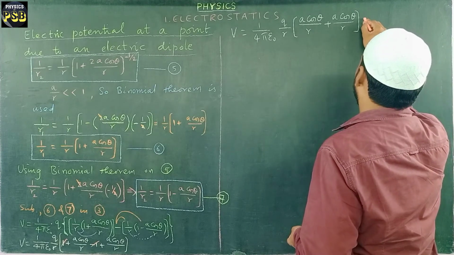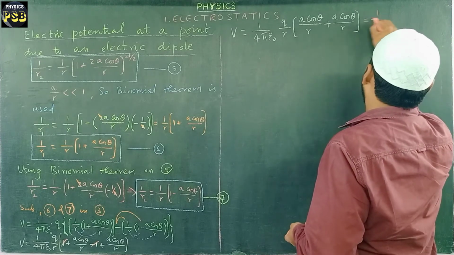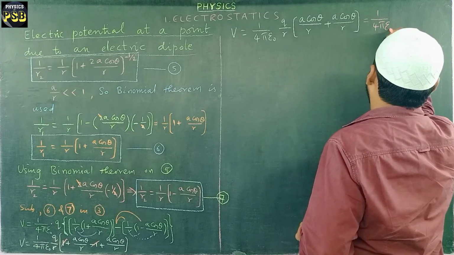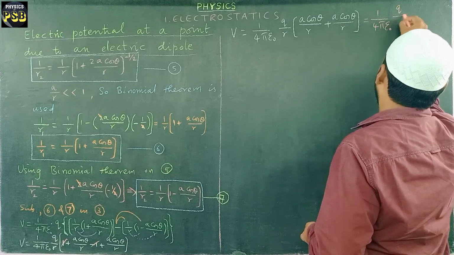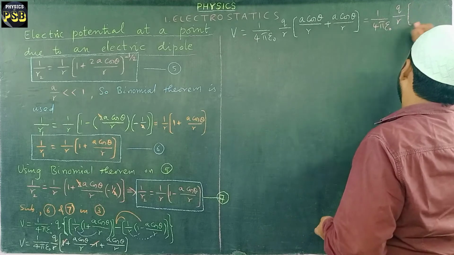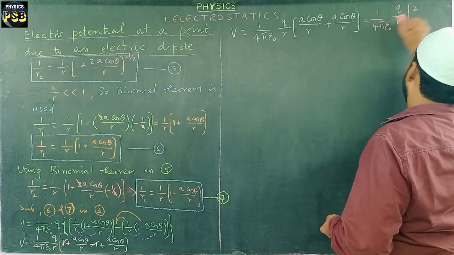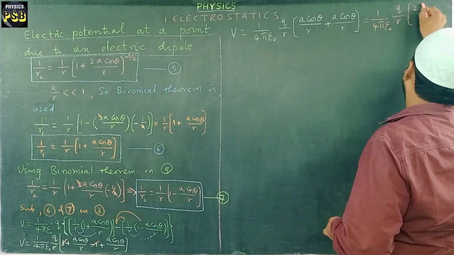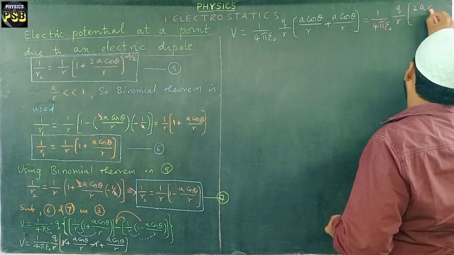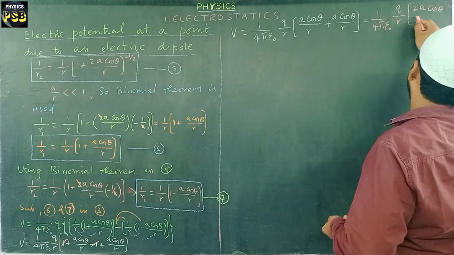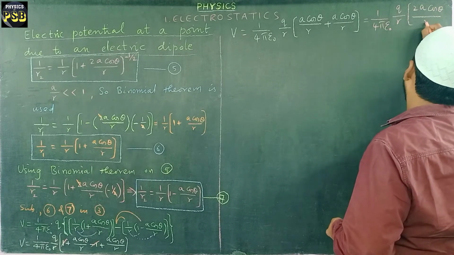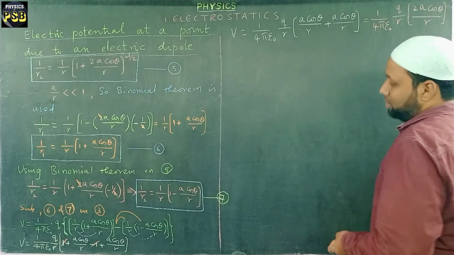So it is written in this manner: 1 upon 4 pi epsilon naught Q upon R, then 2a cos theta divided by R. This is what we obtain.